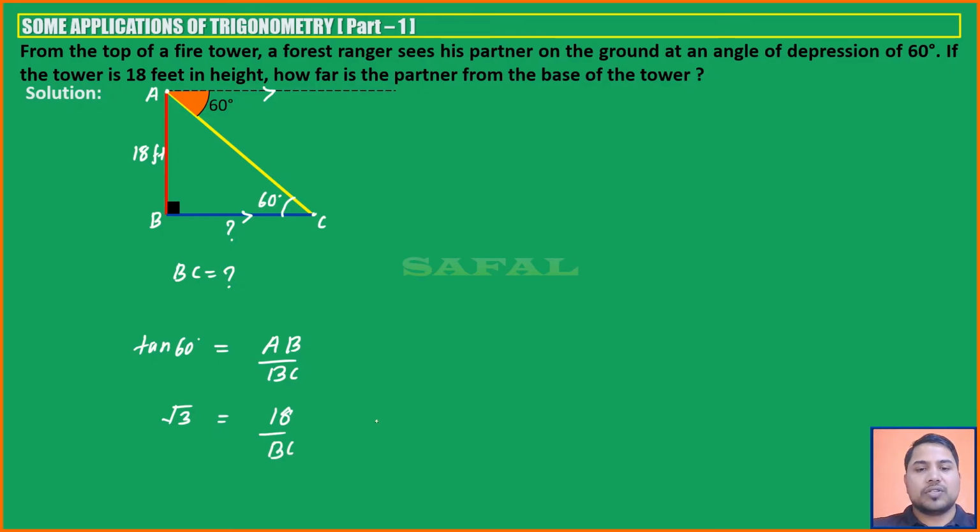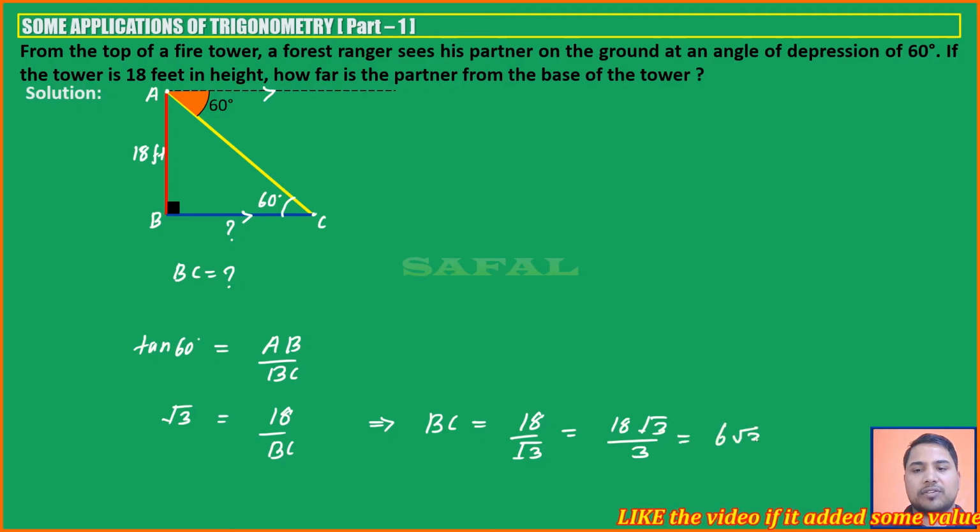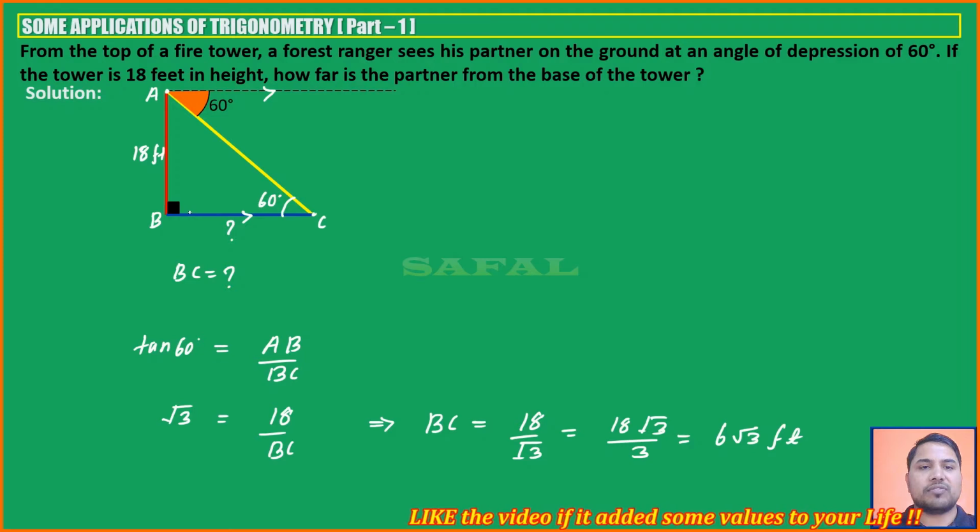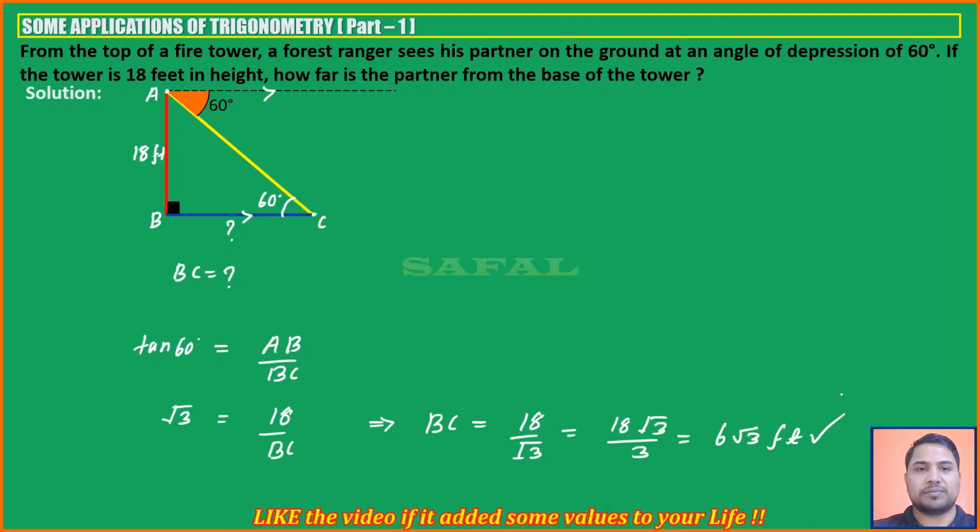So from here I'll get BC equals 18 by root 3, which I can write as 18 root 3 by 3 or 6 root 3 feet. So that means the partner is at a distance of 6 root 3 feet from the base of the fire tower. So the answer is going to be 6 root 3 feet.